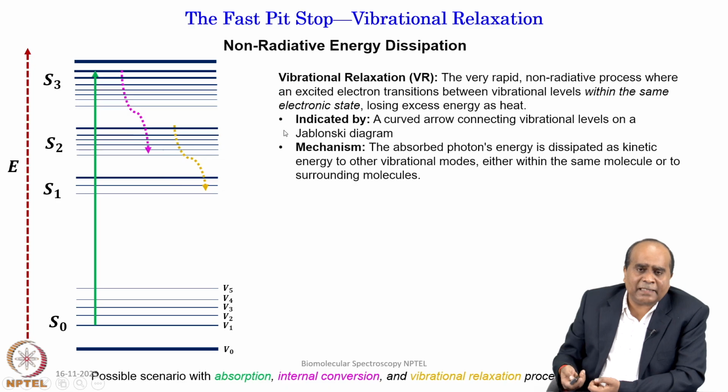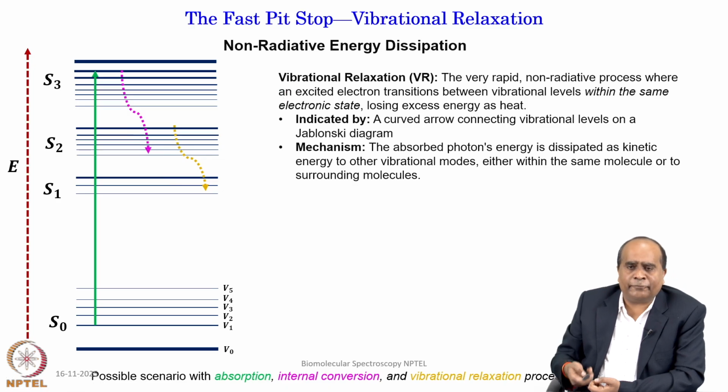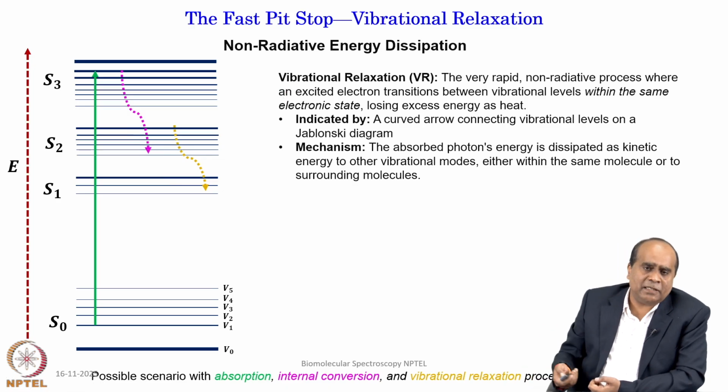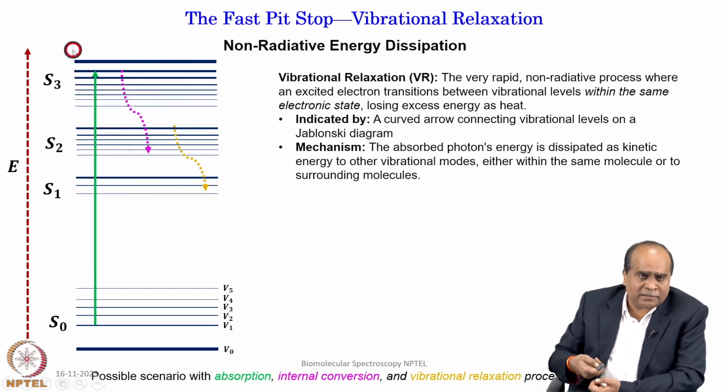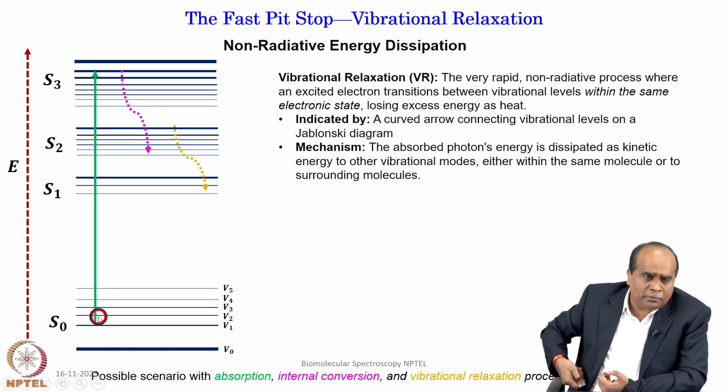So, what is the mechanism? The absorbed photon energy is dissipated as kinetic energy to other vibrational modes within the same molecule or even to the surrounding molecules. That is how the energy is dissipated, right. To take the particle from the ground state to the excited state, you shine a light, and that is called absorption.